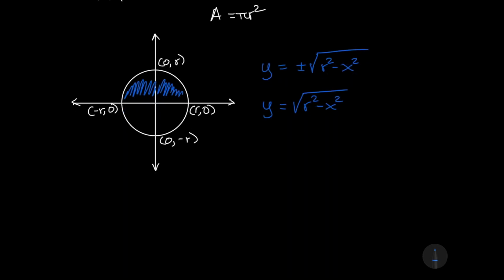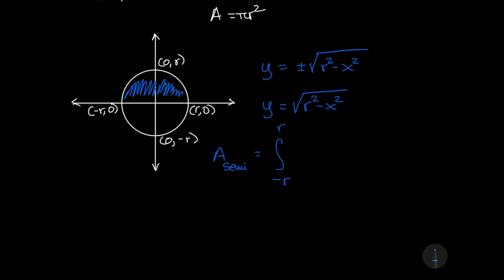Now, as you may have realized by now, that area shaded in blue is the area under the curve, and that curve being this function. And to find that, we're going to have to use a definite integral, which means that the area of the semicircle is equal to the definite integral from negative r to positive r.